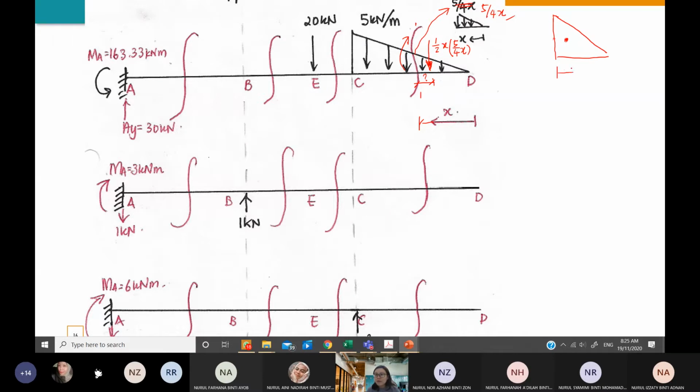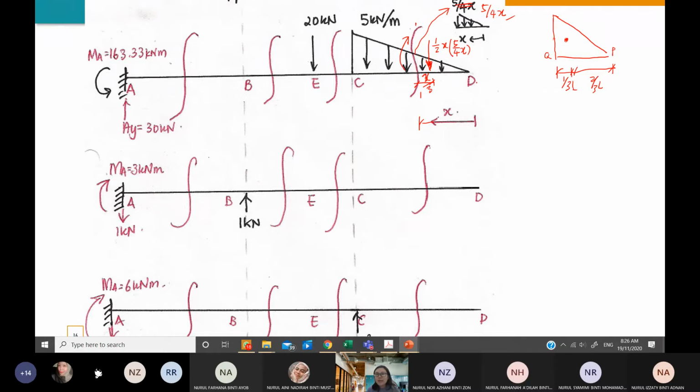Therefore this must be 1/3 of the L, and this must be 2/3 of the L. It depends on where you want to take moment, either about P or about Q. But now we are going to take a moment about this cut section 1-1. So now this is 1/3 of x, so I'm going to write it here, x over 3.